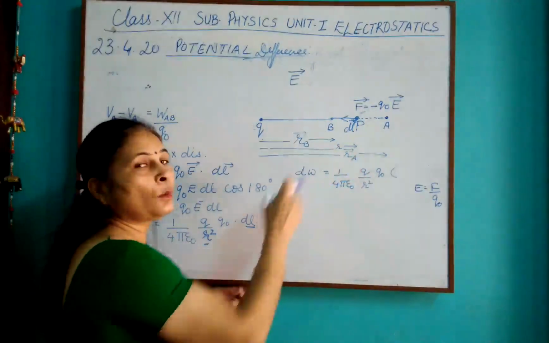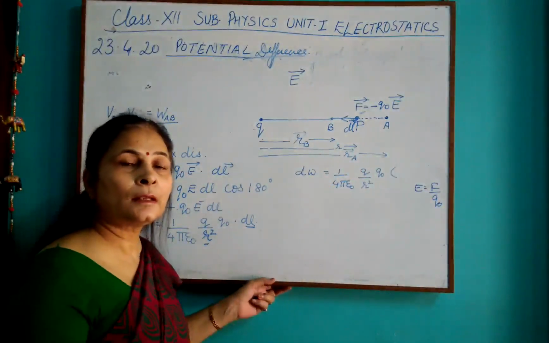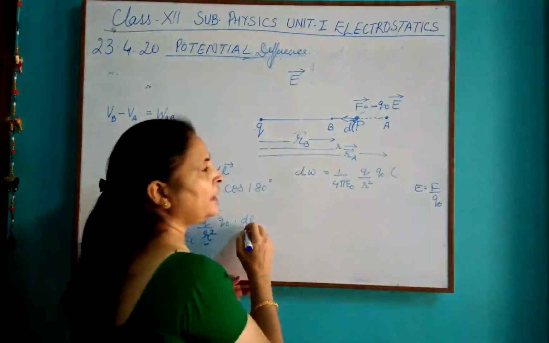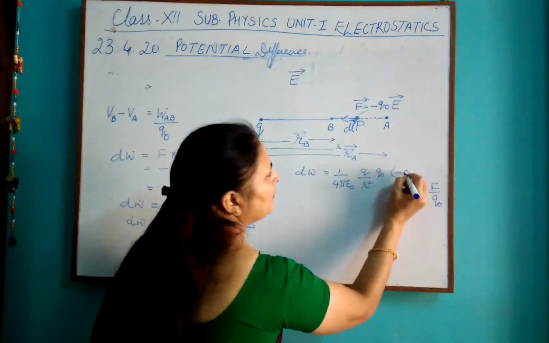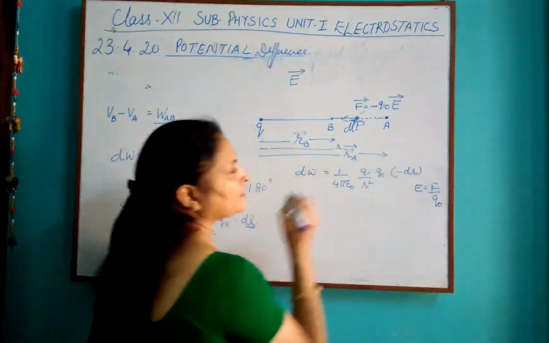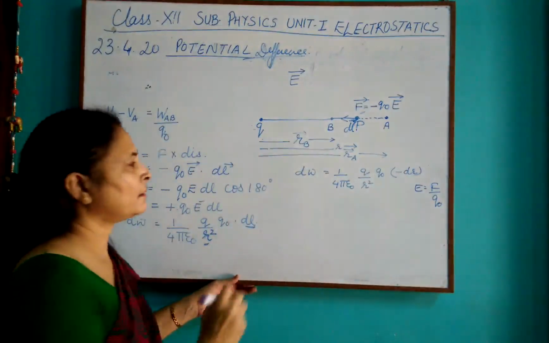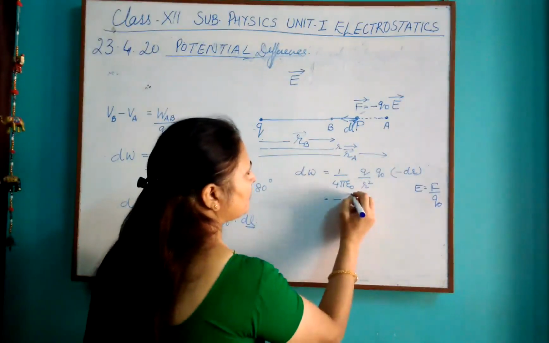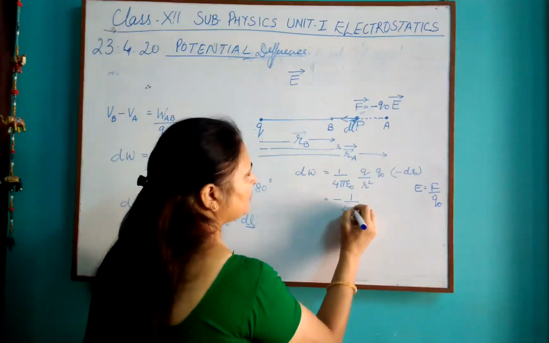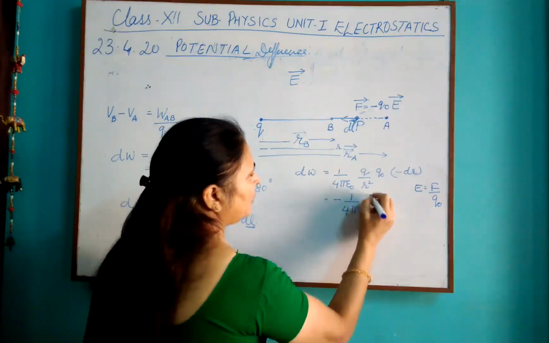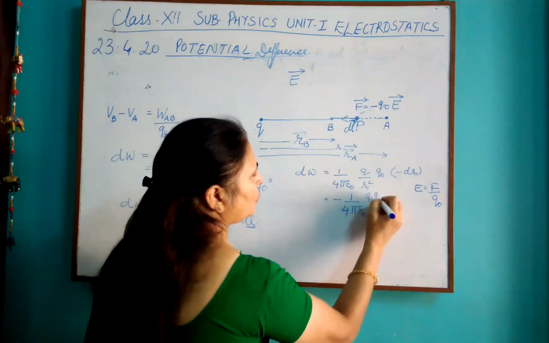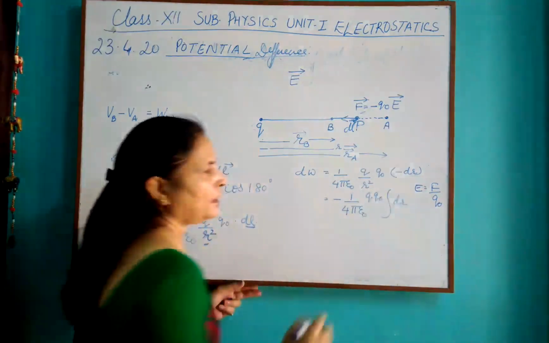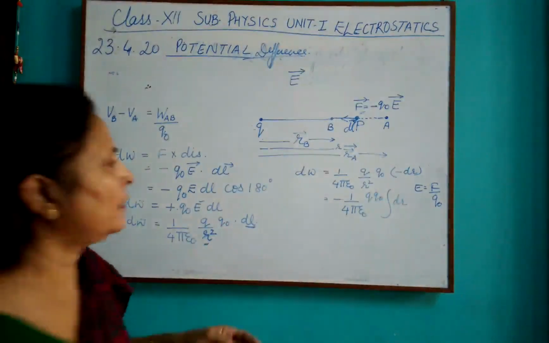So since they are vector quantities, one is negative of the other. So dl is minus dr. And now we can integrate. See, minus, this is constant. Q naught is also constant. Integration dr.